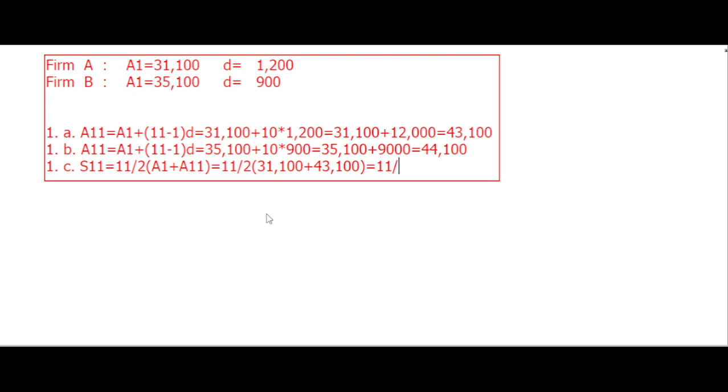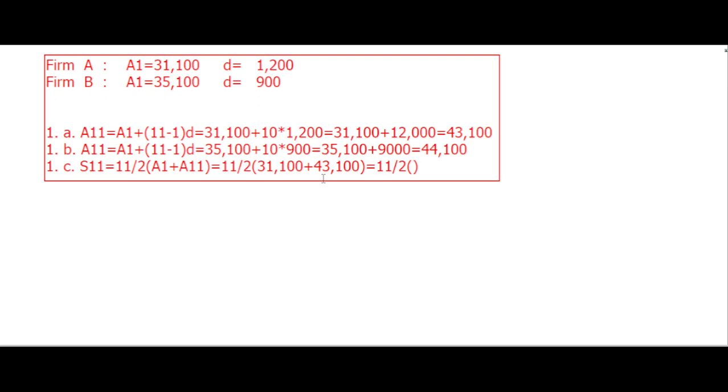Which is equal to 11 divided by 2 into, let's solve this, 31,100 plus 43,100.